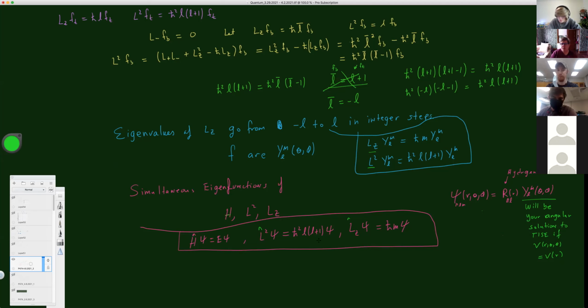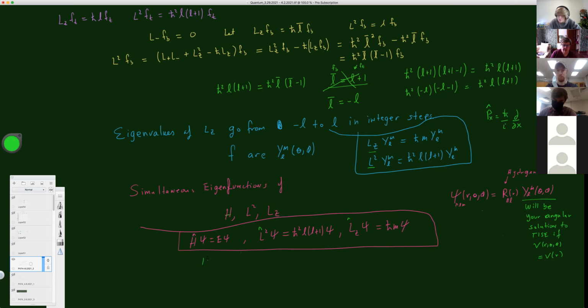Remember how P, the momentum, as an operator is a differential operator? For instance, Px is h bar over i partial x. Well, L squared and LZ also have differential operator forms.